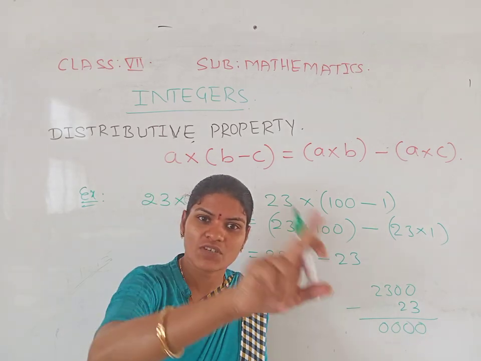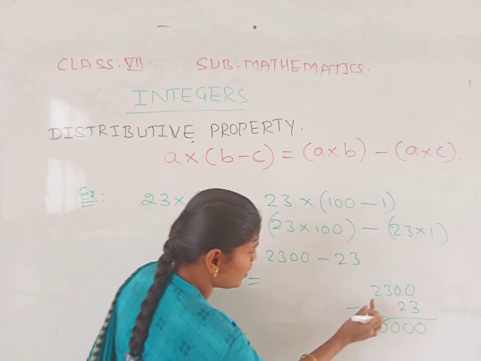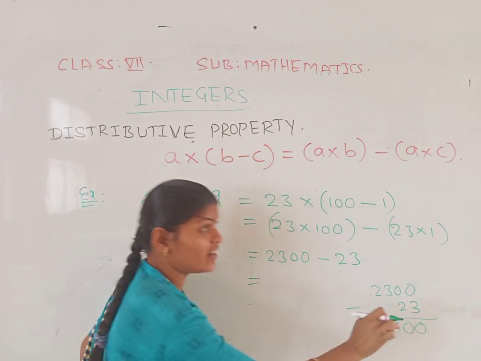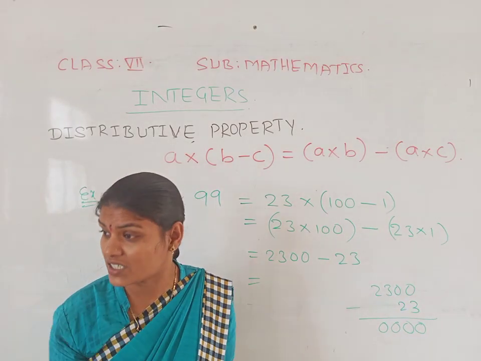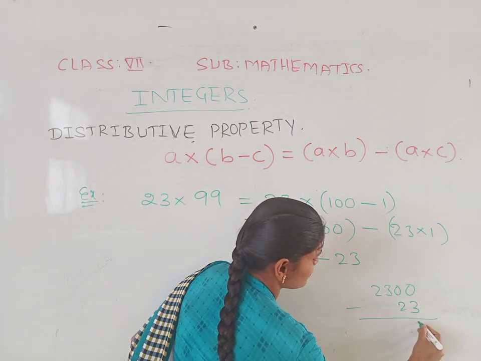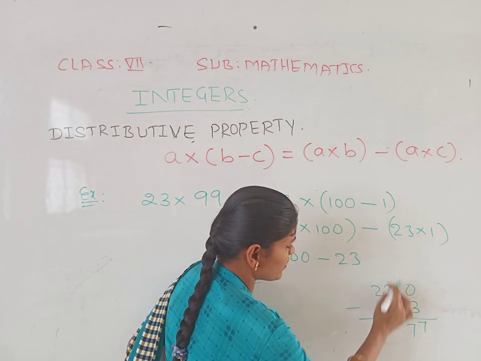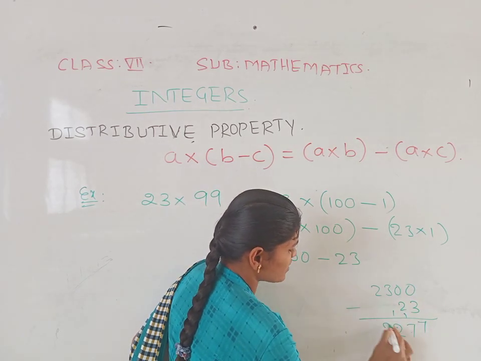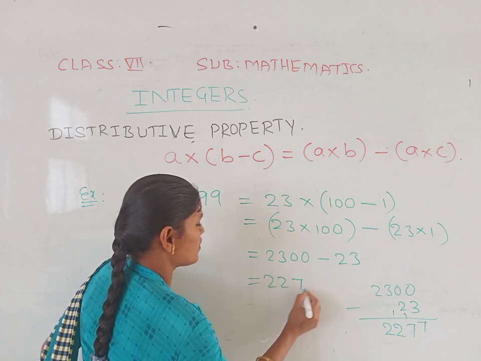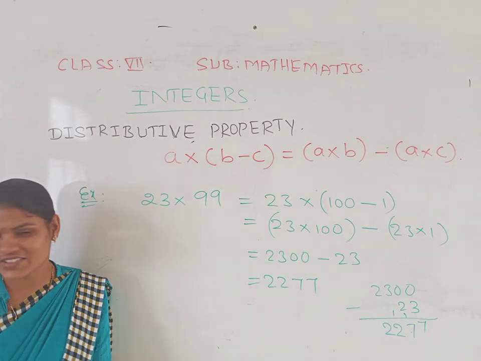Then your answer is big 0, your marks also big 0. Please be careful. 2300 minus just 23 it is. 10 minus 3, 7. 10 minus 3, 7. 3 minus 1, 2, and 2 as it is. 2277. Yes, our answer is 2277.